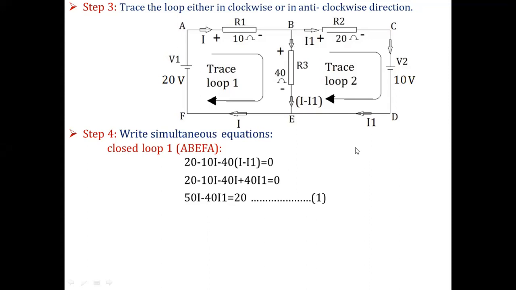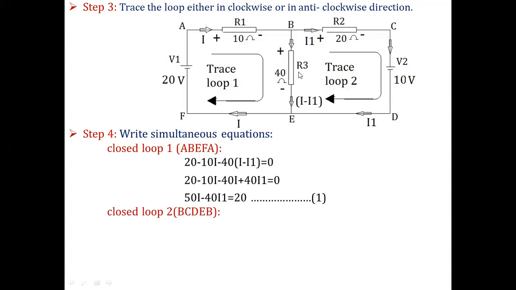ऐसा सेम सिचुएशन में, अभी loop 1 का इक्वेशन मैंने लिखा है, A to B, B to E, E to F, F to A. नेक्स्ट loop 2 का भी सेम लिख सकते हैं, anyone? For the closed loop B C D E B, like this we have to write down.